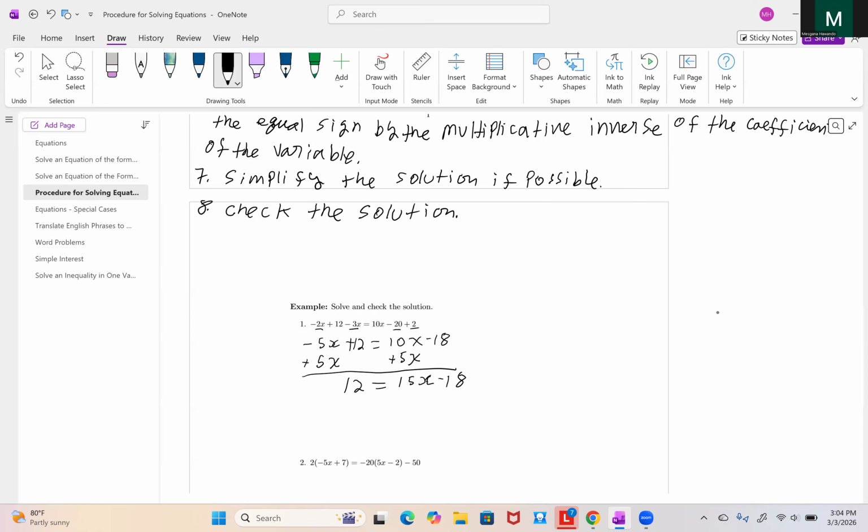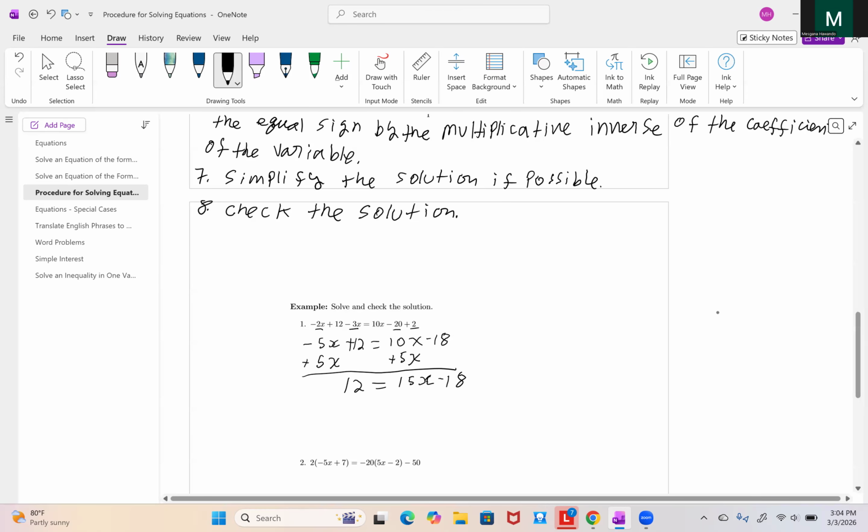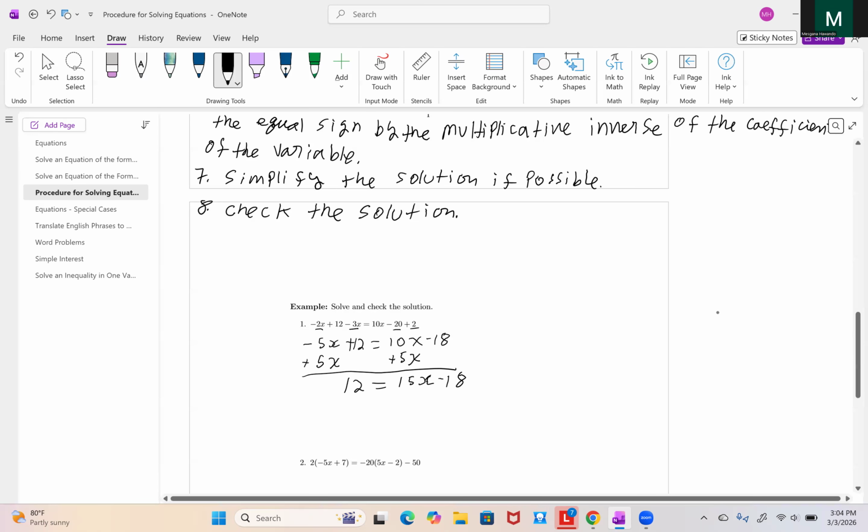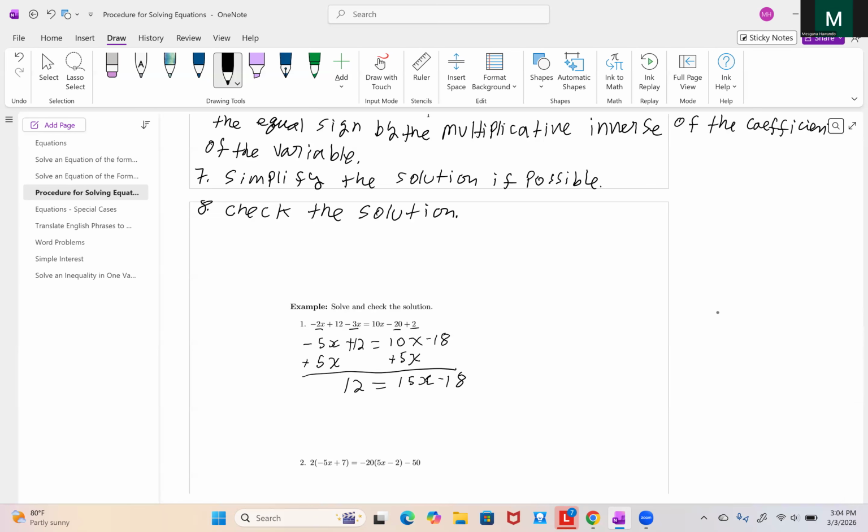Now we have the constant term on the same side as the variables. So we apply the addition principle on the constant term to move it to the other side of the equal sign. We add the additive inverse of negative 18, which is 18, to both sides.